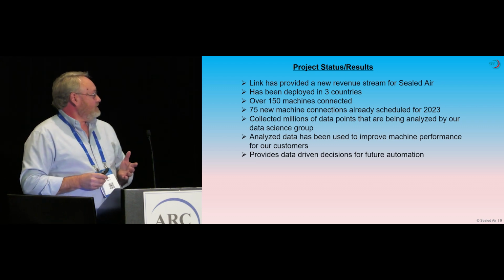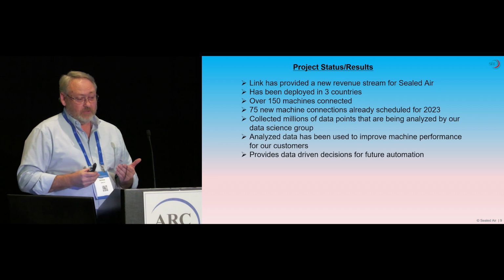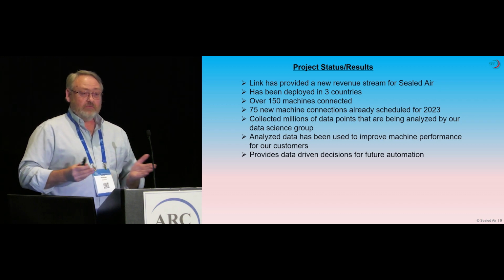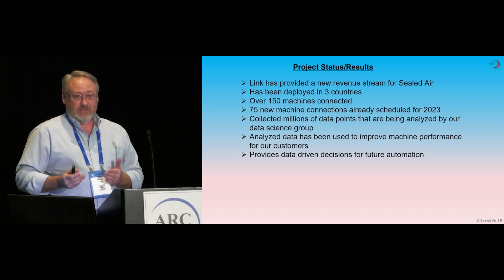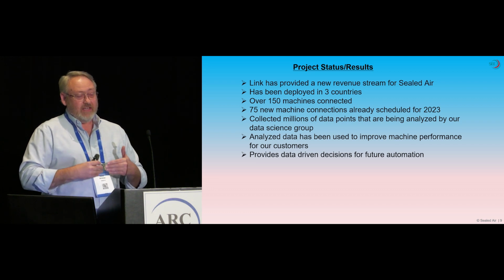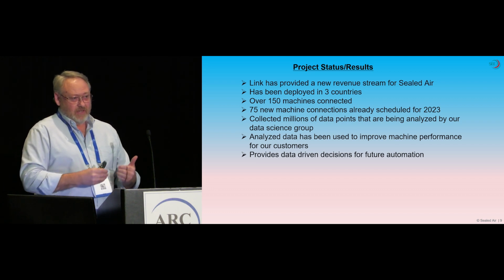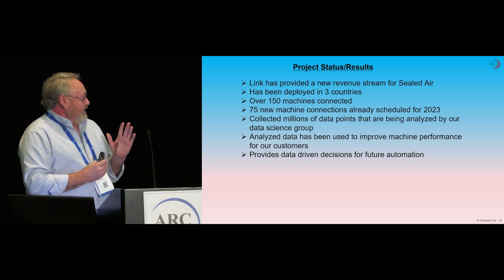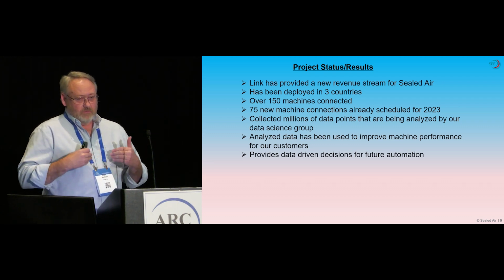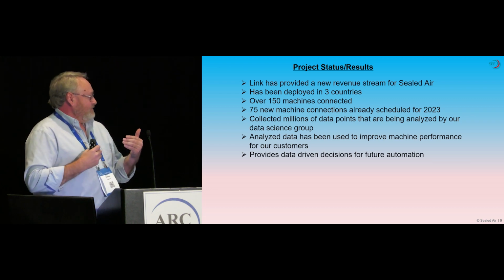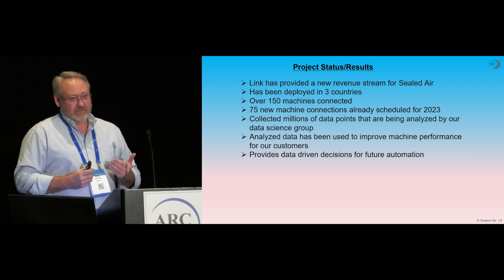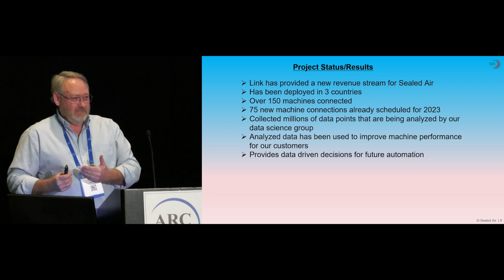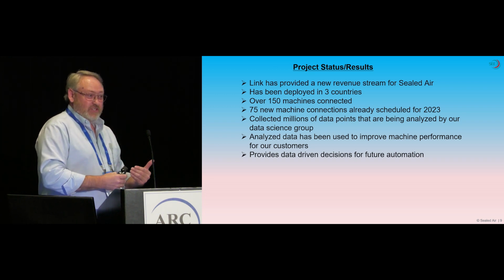And the data that we've provided back to the customers, they use that to improve their overall process. So they're getting increased throughput and decreased downtime out of it. When we have the data, it also helps us make data-driven decisions for automation, not just educated guesses.